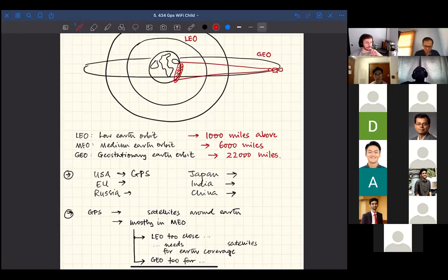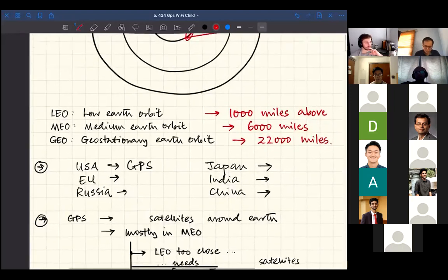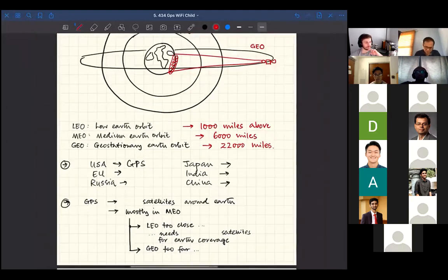For instance, the EU's European satellite system is called Galileo. Russia has its own, which is called GLONASS. And every country designs its own satellite systems. They have varying numbers of satellites going around the Earth. Their frequencies are different. Their technologies might be somewhat different, although the basic principles would be the same.